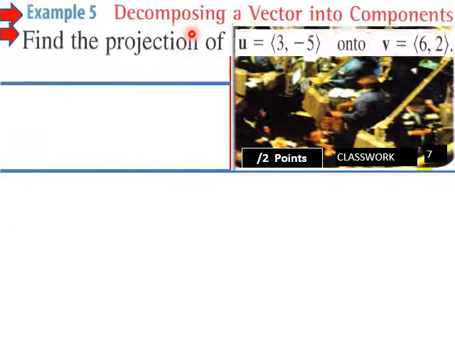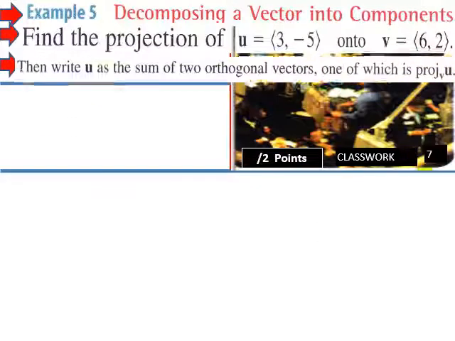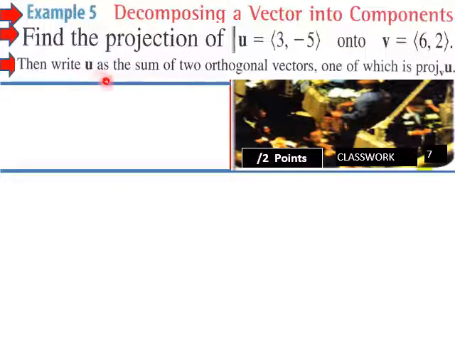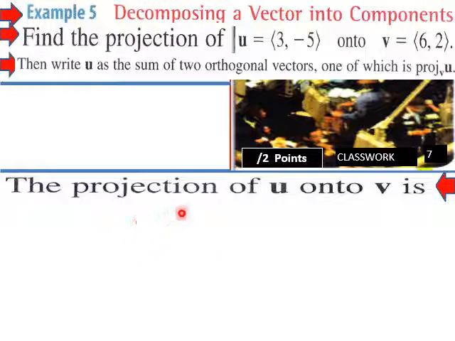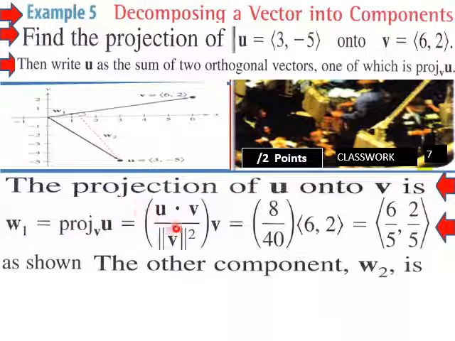So decomposing a vector into components. Find the projection of U equals 3, negative 5 onto V equals 6, 2. Then write U as the sum of two orthogonal vectors, one of which is the projection of U onto V. So the projection of U onto V is right here. W1 equals the projection.